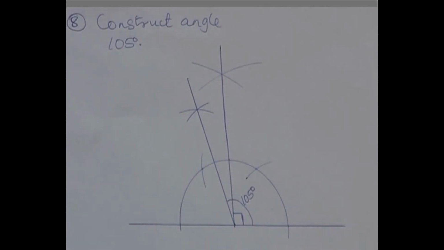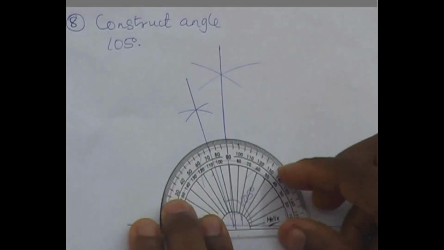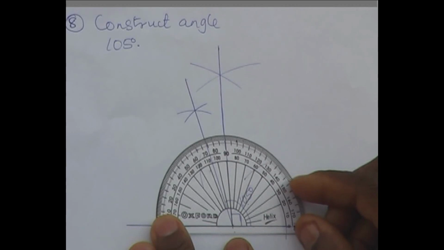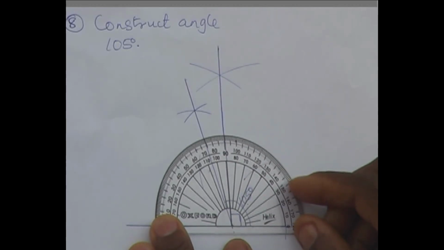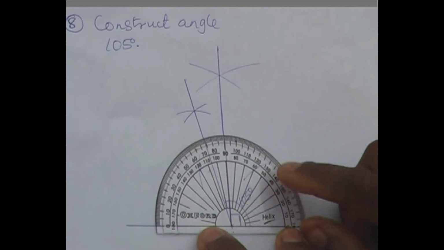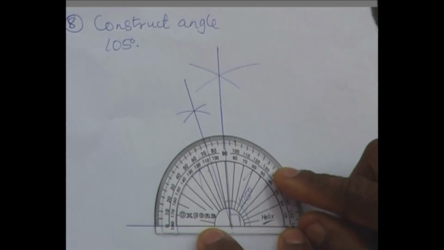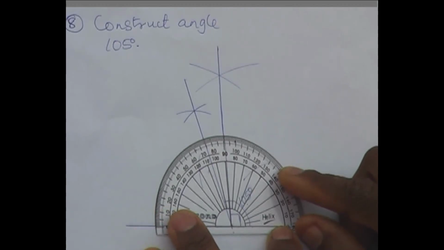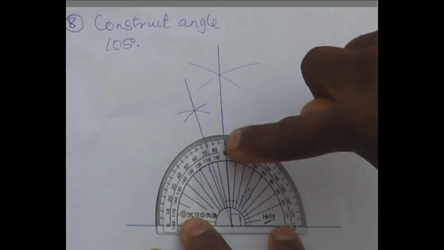You can use your protractor to measure it for confirmation. By now, you know how to use protractor to measure angles. Okay, you can see it. Place it very well. You can see that this place is 90.